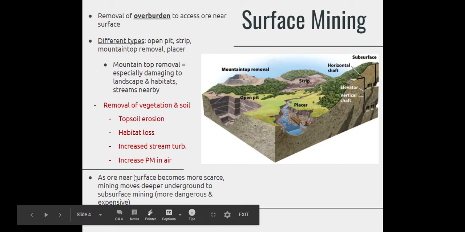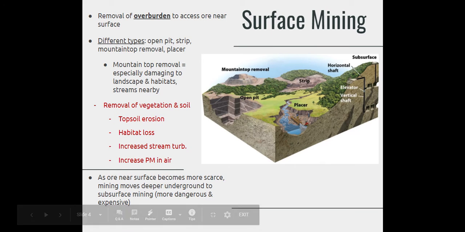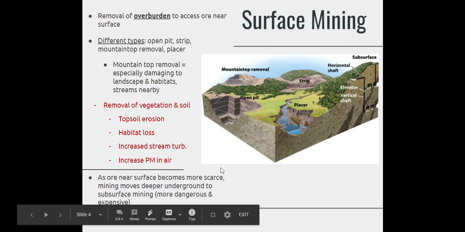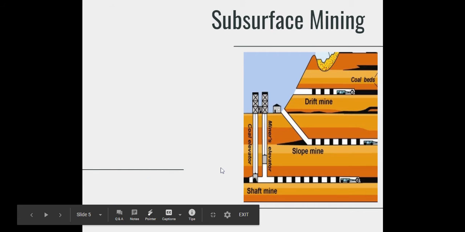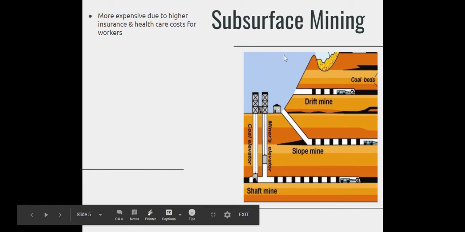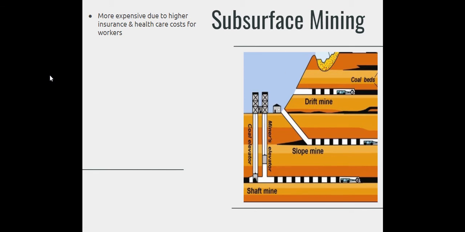As more ore near the surface becomes scarce, mining has to go underground. However, it is more dangerous and more expensive. In subsurface mining, you have to dig down so that you can get to the ore. It's more expensive due to higher insurance, healthcare costs, and actually having to get down there.